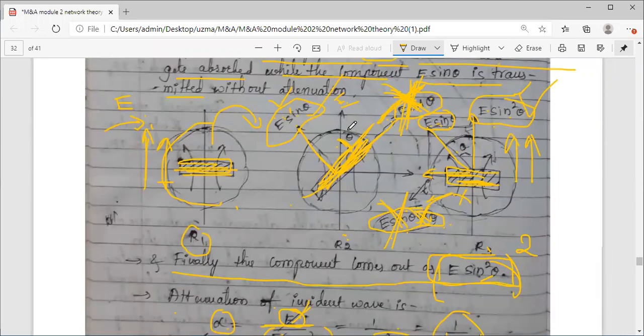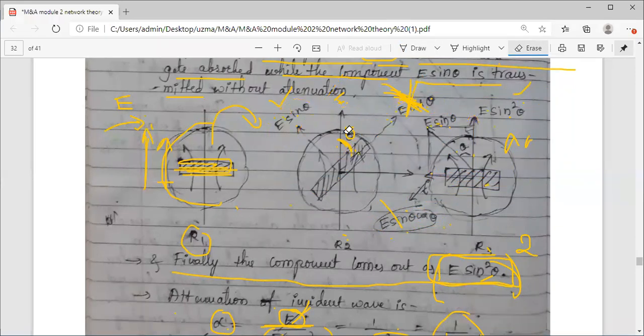That is because of the way you take the theta angle; if it changes, the horizontal and vertical components change. Please check it yourself: Google search it, you will get one figure, and try to analyze the horizontal and vertical components. Finally, you will find the non-attenuated component is cos square theta, not sin square theta. Hope you understood this.